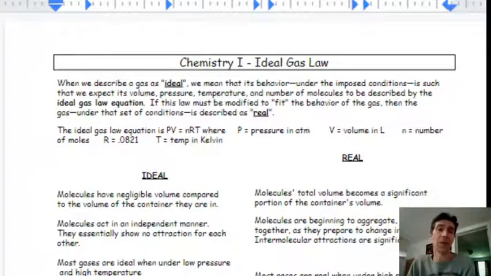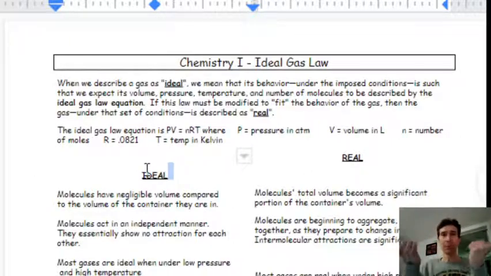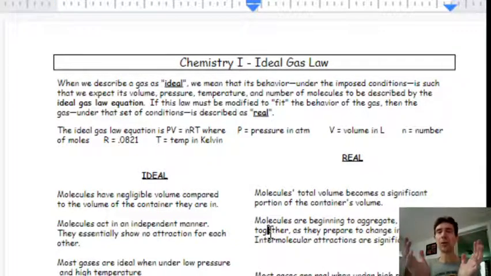This is your assignment here that you're seeing, and it kind of explains it. It says over here that ideal gases are gases that when they bounce together in a tank, they do so elastically. In other words, there's a nice clean bounce. But if you look here, it says that molecules that are real tend to have a clumping as they prepare to go to a liquid.